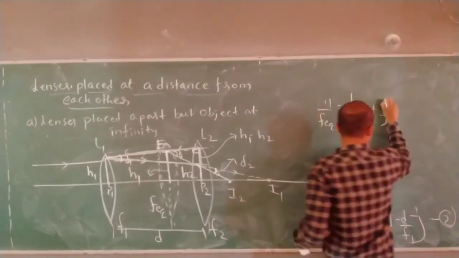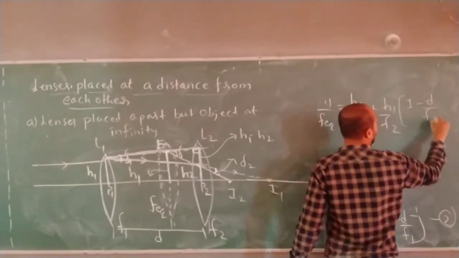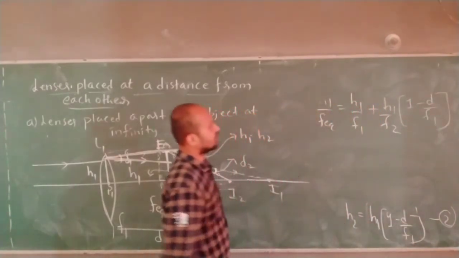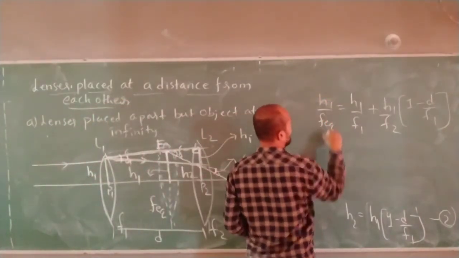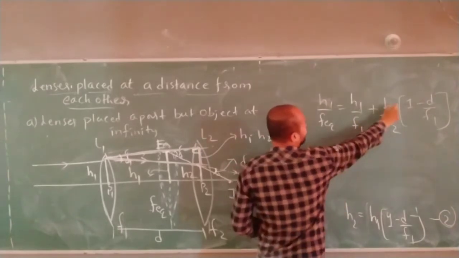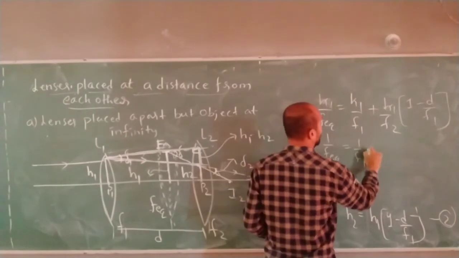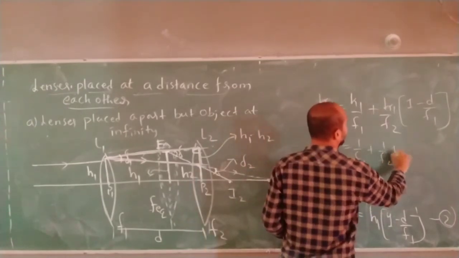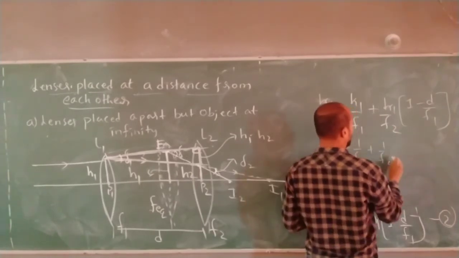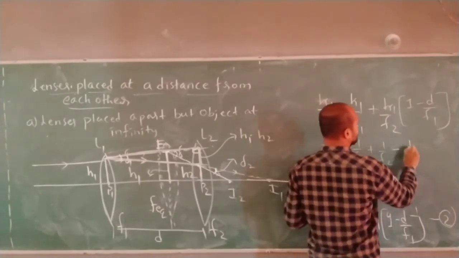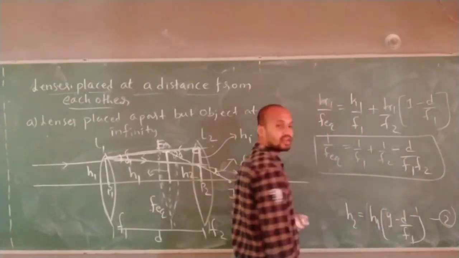It will become h1 into 1 minus D divided by F1. This is h1, right? So h1 is getting cancelled. 1 by F equivalent will become 1 by F1 plus 1 by F2 minus D divided by F1 into F2. This is one of the results we got.